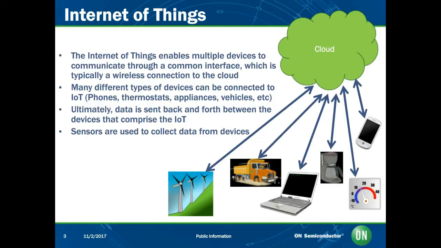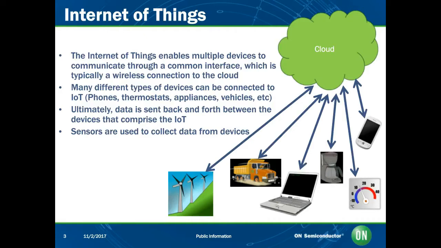I found if I go around at a conference or trade show, if I talk to 5 different people and ask them for their view on how they define IoT, it's not uncommon for me to get 5 different responses on what IoT means to them. I think this is natural. It doesn't necessarily have a set definition, and depending on how people use the Internet of Things, they may have a different view on it and how they define it.